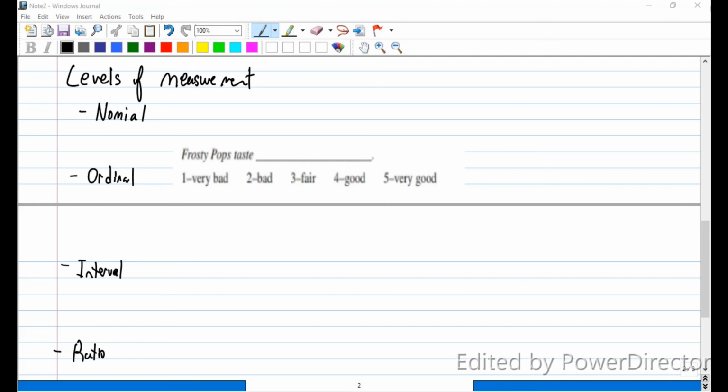So if you can take sums or differences and it's meaningful, and really your book just says arithmetic differences, if the arithmetic difference is meaningful, then you are on the interval level of measurement.